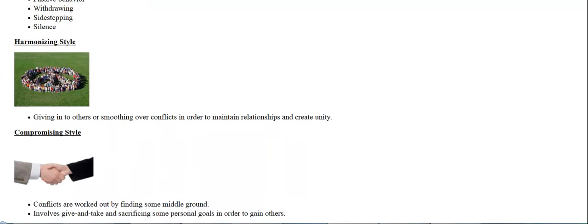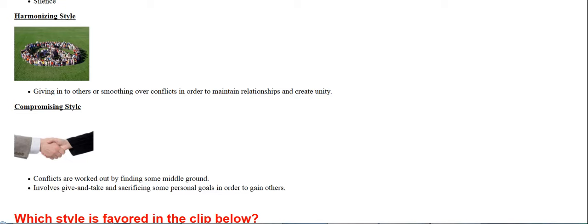And then we have our harmonizing style. So this is where you give in to others or you smooth things over in order to maintain relationships and create unity. I tend to do this as well. I like when everybody gets along. So I will sacrifice what I want or what I'm thinking for the good of everybody getting along.